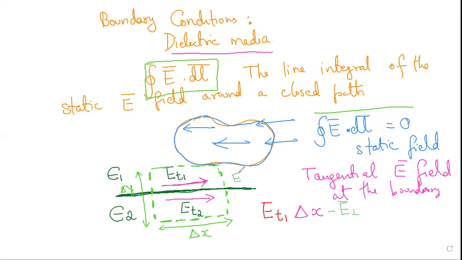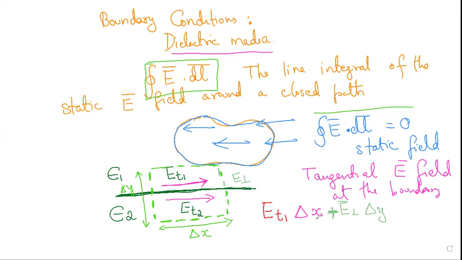E perpendicular, we will say, is the one which is working in this length across delta y. Now, should I put a plus sign? I'll put a plus sign because we do not know as of now what the polarity is. And I will multiply it with delta y. Everybody okay with this?